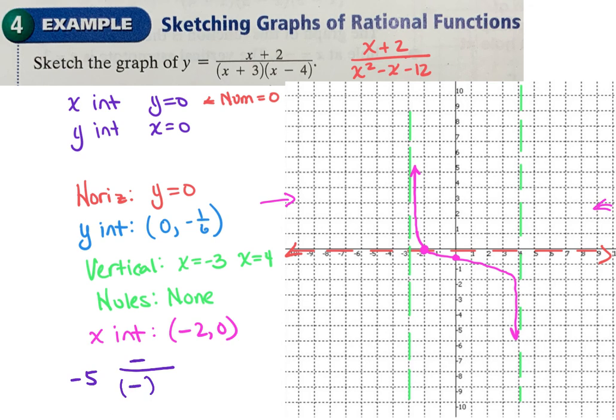Negative. -5 minus 4 is also going to be negative. Am I going to be on the negative side or the positive side when it's all said and done? Negative. Negative over a positive is a negative. So I know I'm going to be down here in negative territory. Everybody see what I did? I don't even care what the numbers are. I'm just trying to figure out where he is to sketch it.